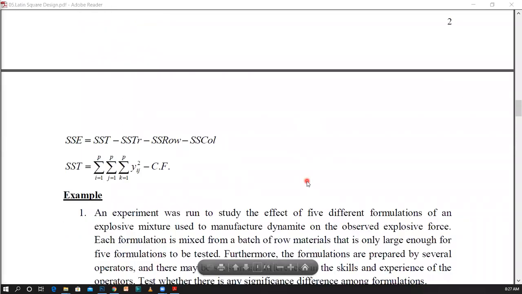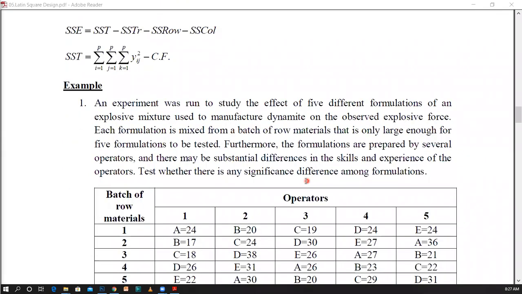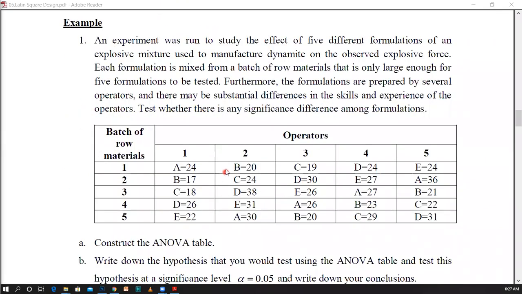This is the example that we have discussed previously also, and I will use these values to discuss some calculations regarding this Latin square design. Here we need to test whether these 5 different formulations have equal explosive force or not.